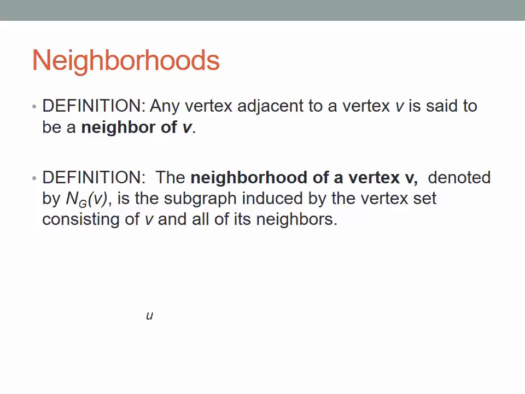Now, a lot of textbooks do not include the subgraph induced by all of the neighbors. They simply say it's the vertices of the neighbors of V. But our textbook also includes the edges that are induced by this vertex set. So again, the neighborhood of a vertex V is the subgraph induced by the vertex set V and all of its neighbors.